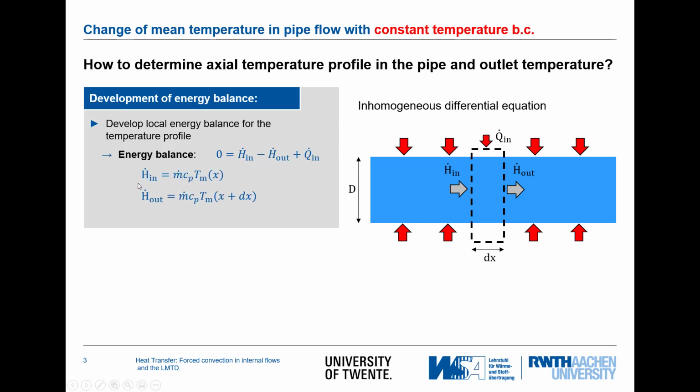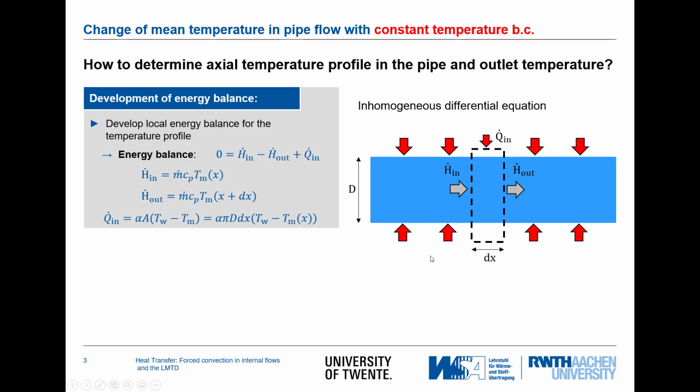To define the three fluxes, we have the enthalpy flows, the mass flow times the heat capacity, so flow of heat capacity times the average temperature. We know from the last video this Tm is the caloric mean temperature as introduced before, and on the outgoing flow we have just the temperature at the location x plus dx. Now for the ingoing heat flow we have something different because we don't prescribe the heat flux itself, so the ingoing heat flow is equal to a heat transfer coefficient alpha times an area times the difference between the wall temperature and the mean temperature.